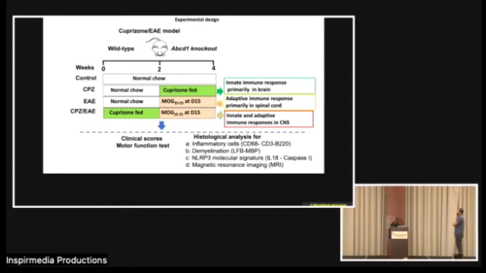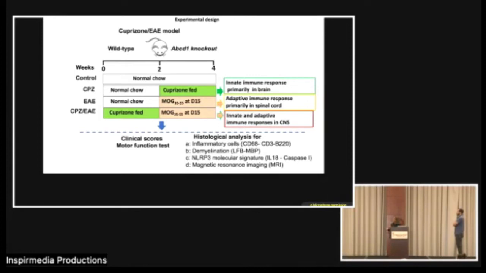These are the controls. For EAE, we injected mice with part of the myelin protein. MAG is a part of the myelin protein. Cuprizone activates the innate immune response, and EAE activates the adaptive immune response. Both of these don't show any neuroinflammation in the brain, any lesion like cerebral ALD.